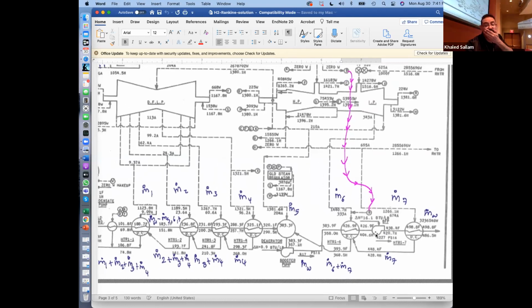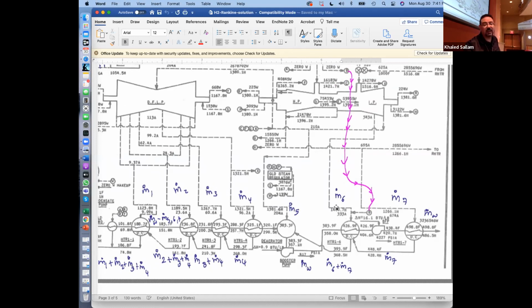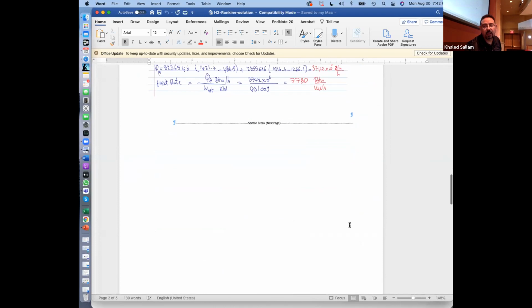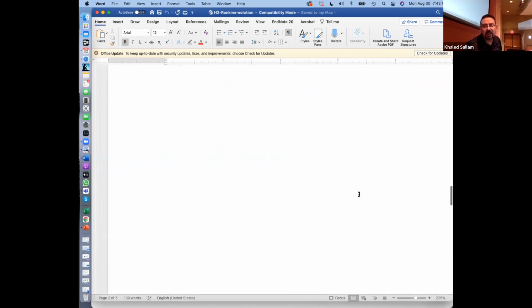No, but however, for example, let's imagine the homework problem or the midterm, and I ask for M dot 6. I'm not even going to say M dot 6, I just say how much steam is needed for the one before the last feed water heater, or for the last feed water heater.